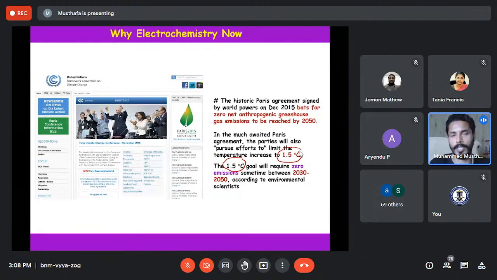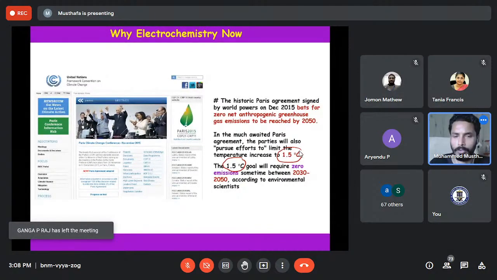And that energy technology should not be based on fossil fuels, because fossil fuel based energy technology is responsible for global warming. So we need alternative zero polluting energy technologies at least by 2050 to achieve this target.